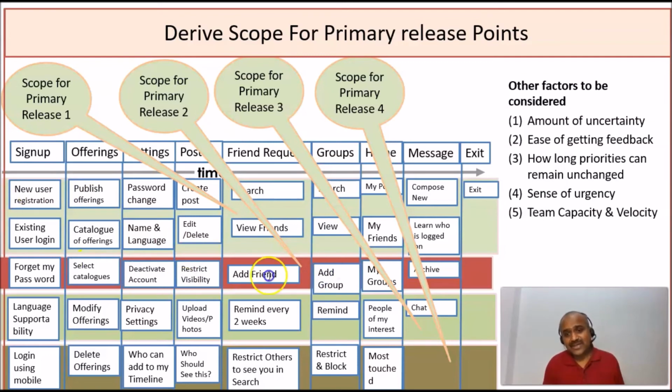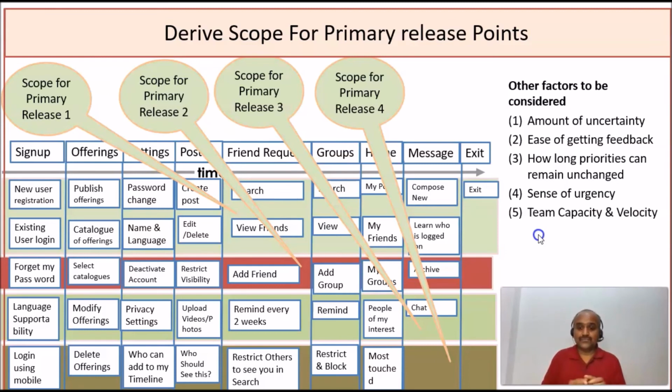My friend, the other factors that you want to consider while deriving the scope for multiple releases are the amount of uncertainty, the ease of getting feedback, how long priorities can remain unchanged, a sense of urgency, and the team capacity and velocity available at your hands. So these are the parameters that can also influence how many releases you have to cut. For example, if the uncertainty period is going to last longer, then probably I want to cut in zones of certainty.